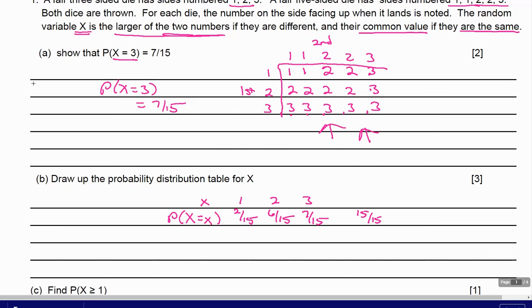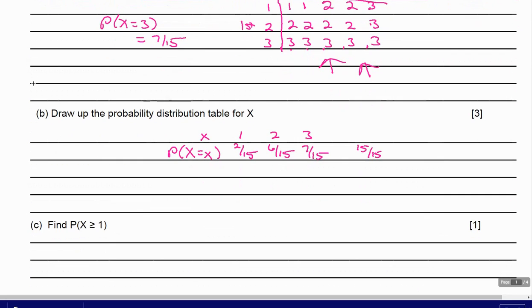Okay, so now, I'm going to scooch it up just a little bit. Now, this is the probability distribution table, and they want me to find, given this probability, because you notice how this is the capital X, it's referring to this table. So what's the probability that X is greater than or equal to 1? How about this?